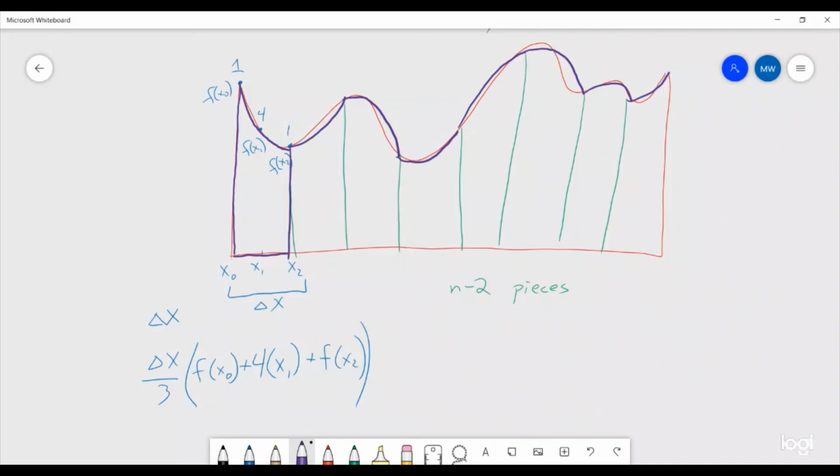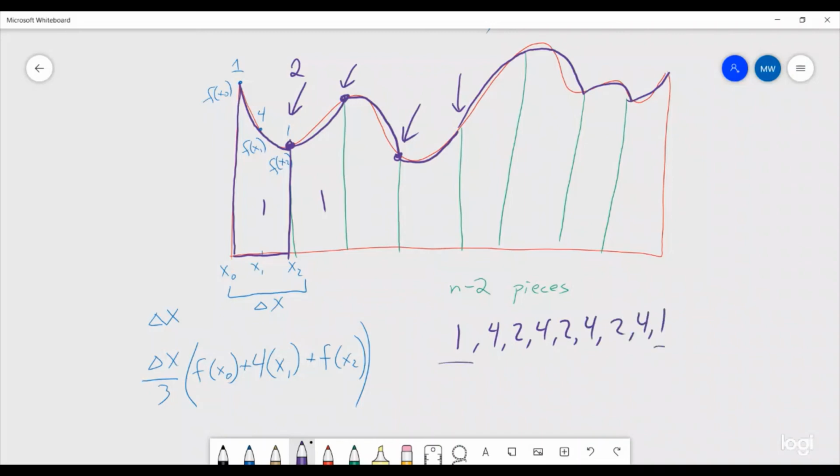And so if we were to add up all of these parabolas, notice that each of these points is part of two different parabolas, so this one, this one, this one, we get one from this side and one from this side, so together they're going to get 2. So that's why the pattern goes 1, 4, 2, 4, 2, 4, 2, 4, 1.